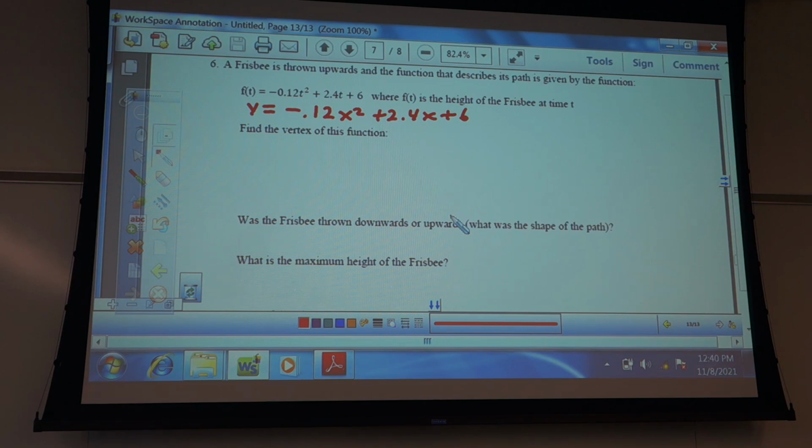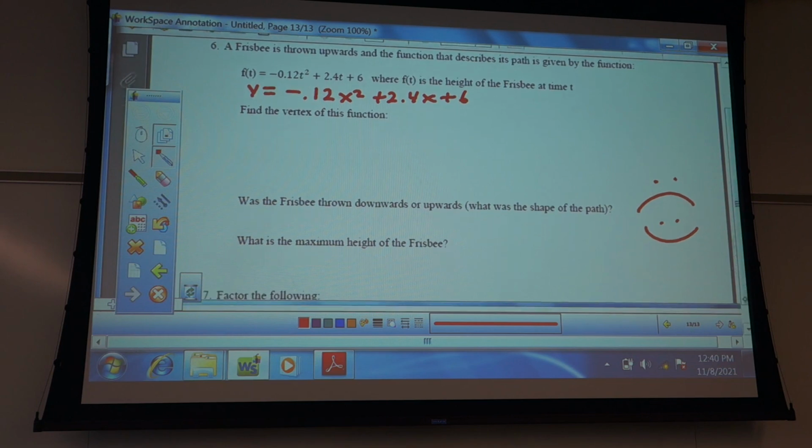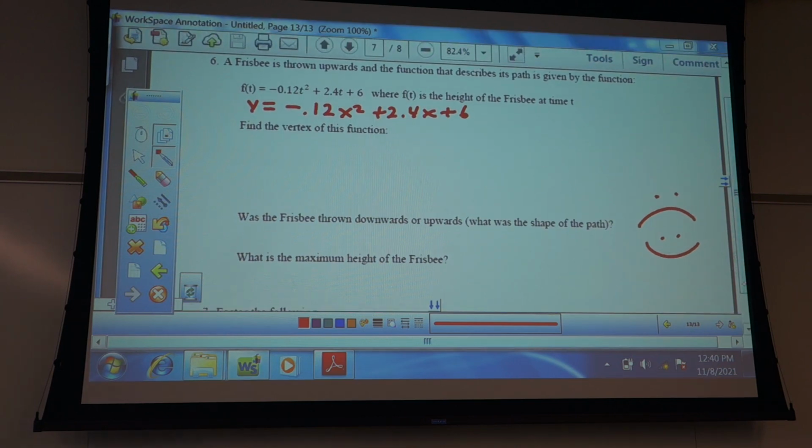Find the vertex. Figure out whether it's going upwards or downwards. In other words, is it like this or is it like that? Is it unhappy or is it happy? Figure out which one it is. And figure out what the maximum height is. Maybe 5 minutes to work on those.